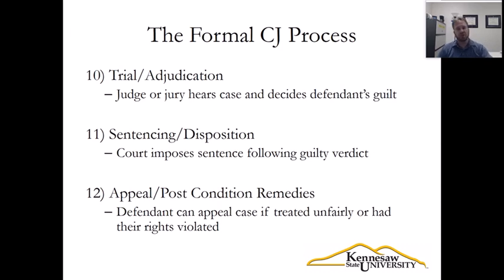We'll talk more about that as well. And then the final process we'll talk about would be the appeals process. So after you've been tried, convicted and sentenced, if you decided you wanted to appeal, then you could file appeals, which are your post-trial and post-adjudication issues.